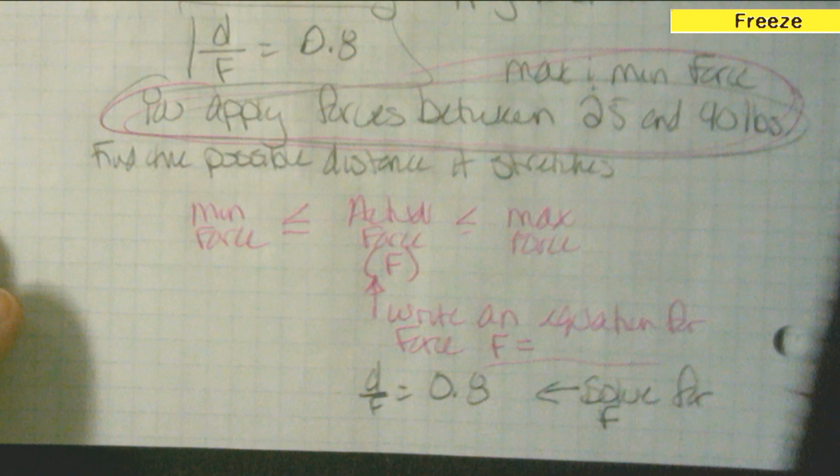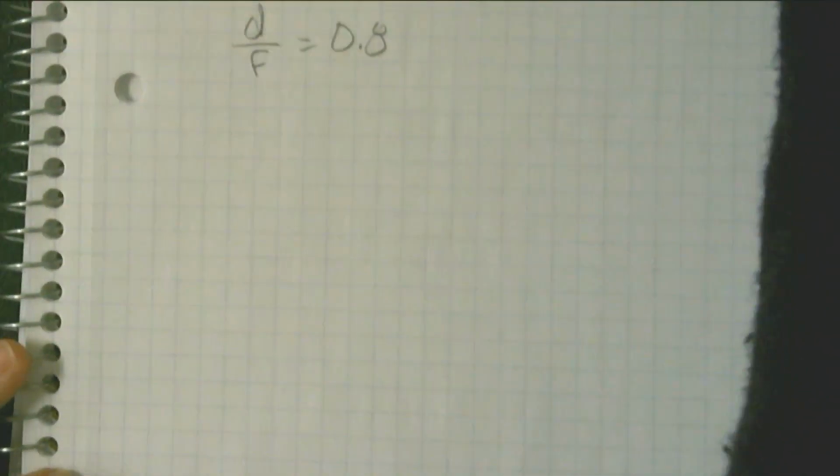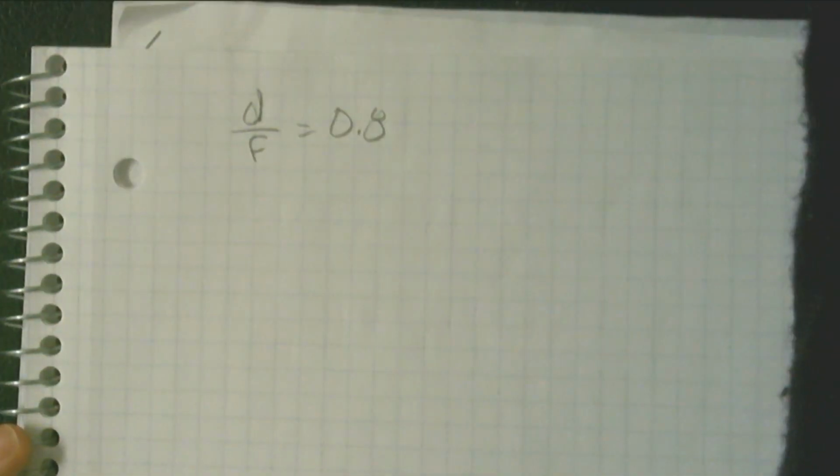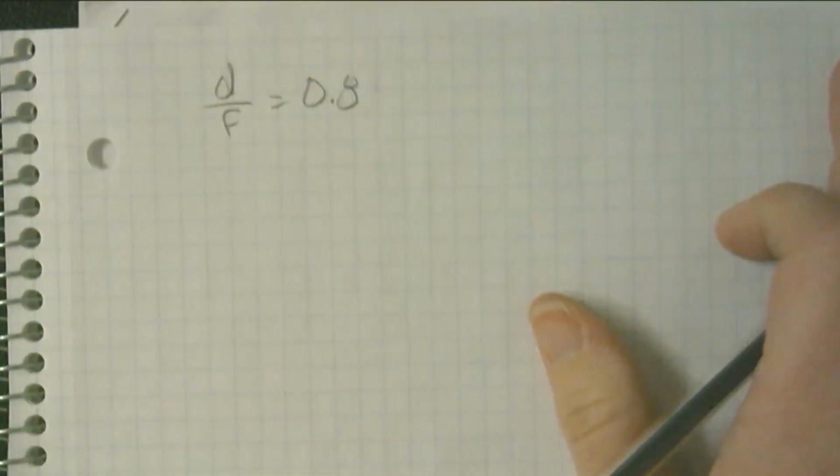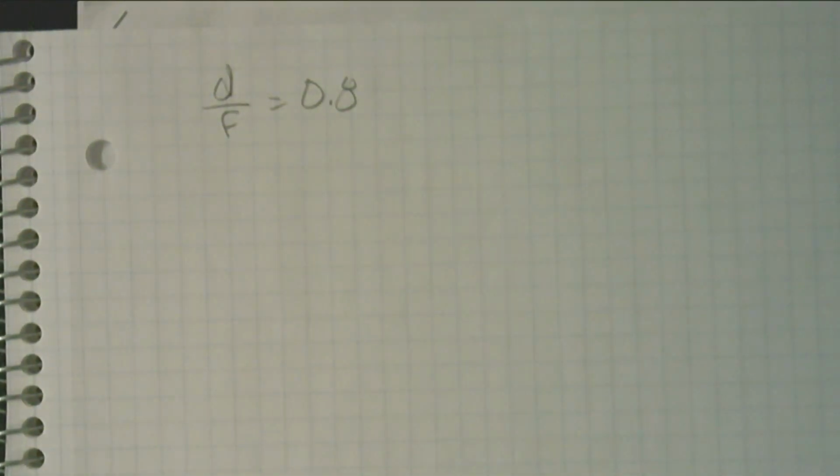So I have d over F is equal to 0.8. How can I start solving this equation for F? Remember, we did a whole section on rearranging formulas and solving for different variables. So I need to get F alone in the numerator. How am I going to do that?